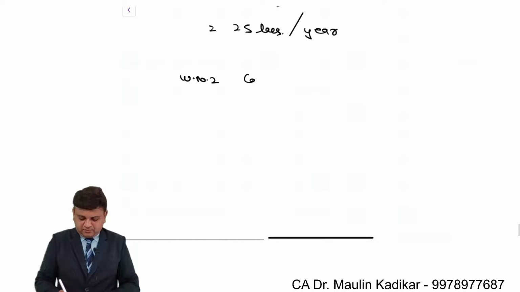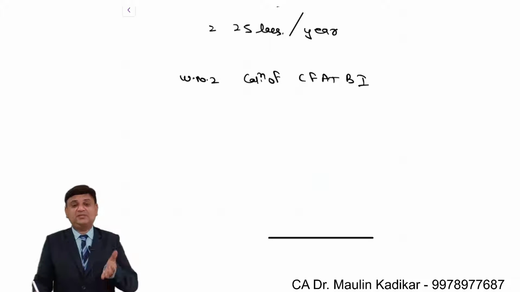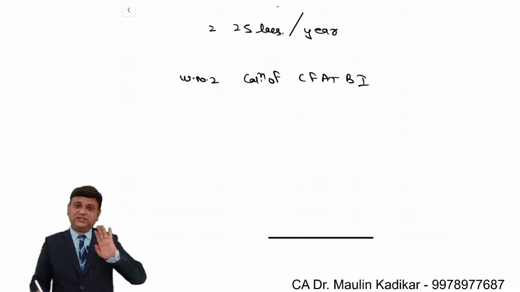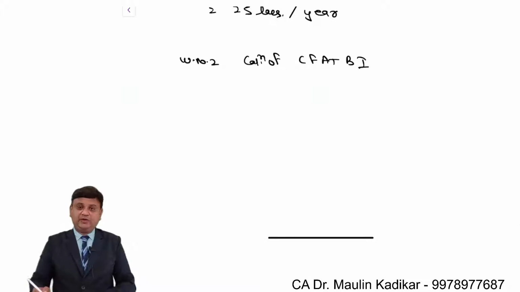Working note number 2, calculation of cash flow after taxes before interest. Why? Because we are having an assumption that there is 100% equity financing. So whatever the loan amount which has been given to us, we have to ignore it for the time being. So that is calculation of cash flow after taxes before interest, year 1 to year 20.